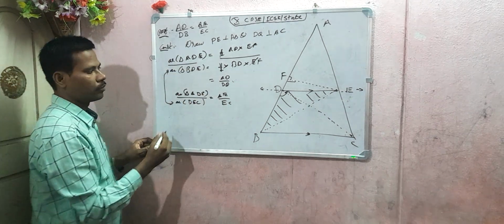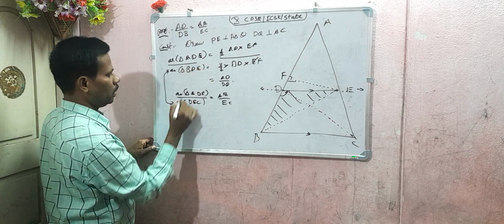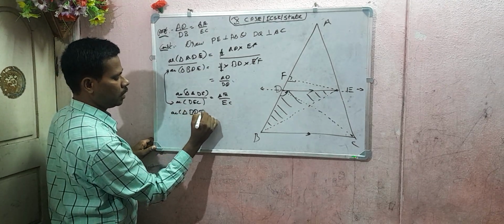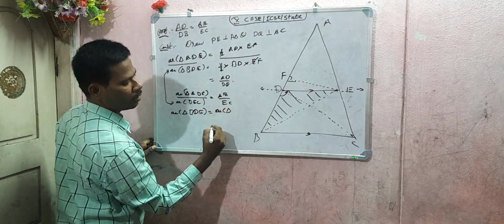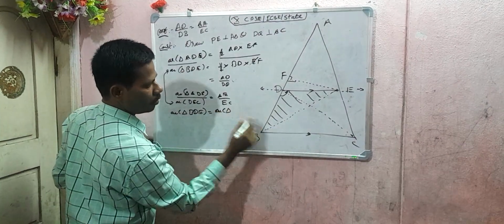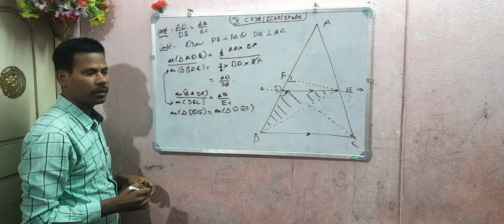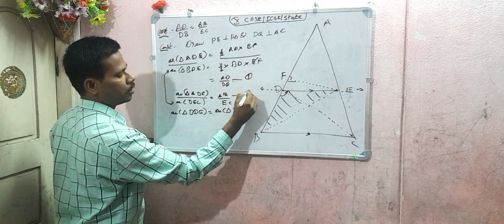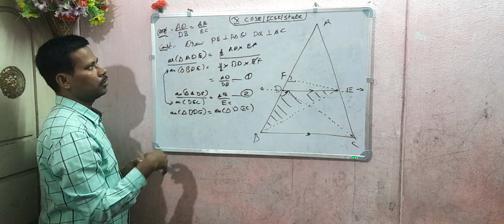Triangle BDE and triangle DEC lie on the same base and between the same parallels. So from this, area of triangle BDE is equal to area of triangle DEC. Mark this as 1, mark this as 2. I am erasing all this.